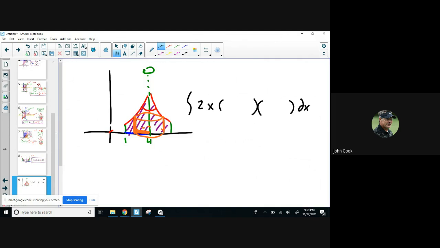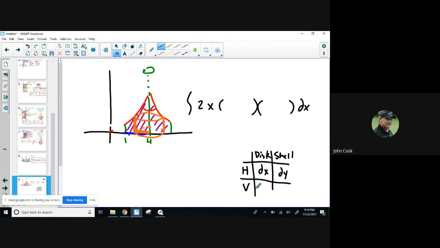Okay, so for shell method, maybe I'll write out a little table real quick to break this down for you. With the disk method and the shell method, it just depends on if you're rotating around a horizontal line or a vertical line. If you're rotating around a horizontal line, the disk method is always going to be dx. And if it's a horizontal line with the shell method, it'll be dy.